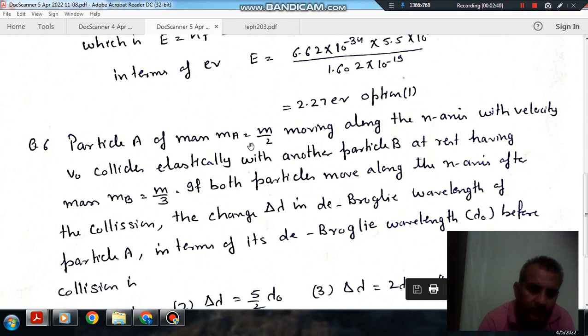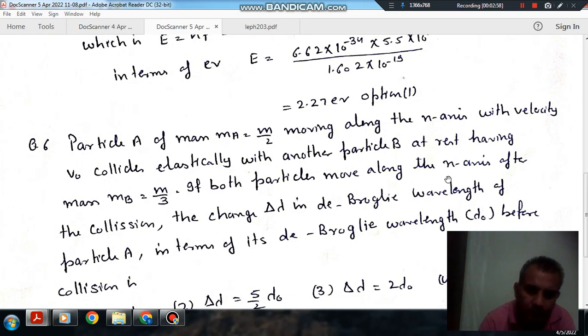Particle A of mass m_a equal to m by 2, moving along the x-axis with velocity v naught, collides elastically with another particle B at rest having mass m_b equal to m by 3.